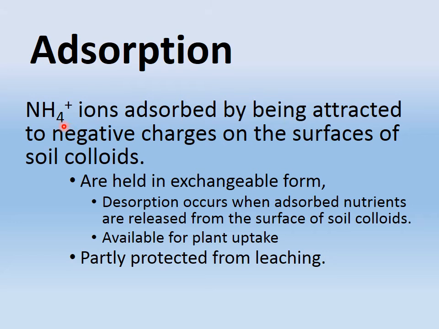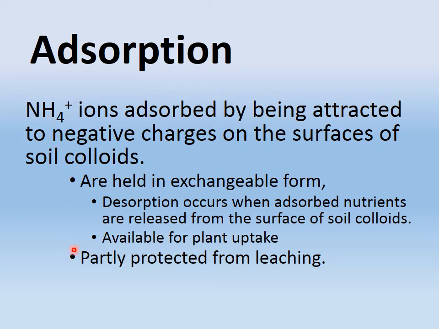But because these ammonium ions have been adsorbed on soil colloids, there's an attraction that has taken place between the soil colloids and the ammonium ions. The soil colloids are able to hold the ammonium ions against the flow of gravity.